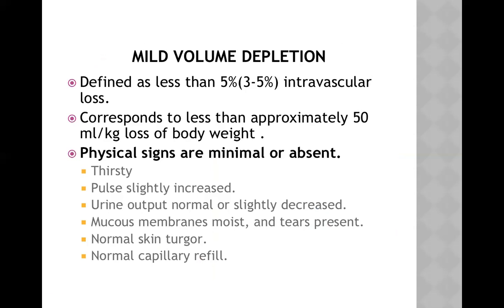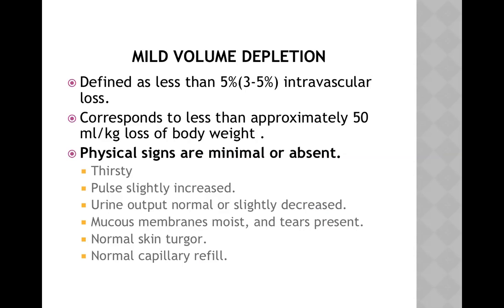Now with this discussion, let's talk about what we mean by mild volume depletion, moderate volume depletion, and severe volume depletion. What are the physical findings present in each of these conditions? Mild volume depletion means we are losing around 5% of the intravascular fluid. To be very precise, it is 3 to 5%.